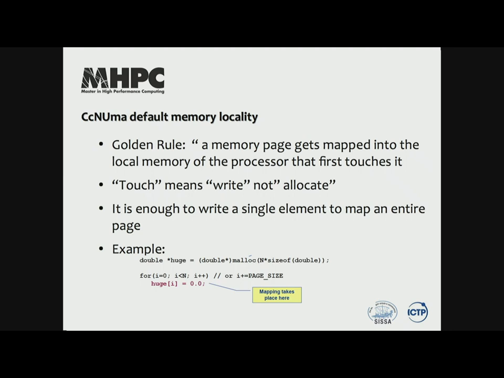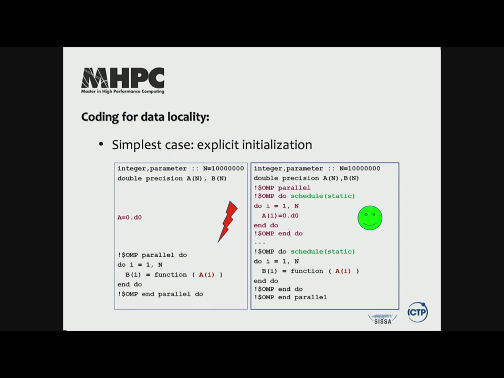If you do this operation, it is not yet mapped, but if you do this at the first step, when you do the loop, your mapping takes place here. This is a very simple OpenMP program that we already discussed.